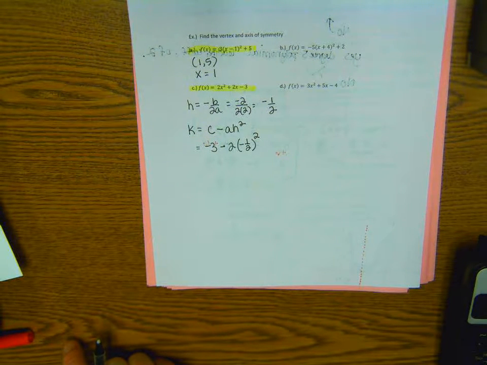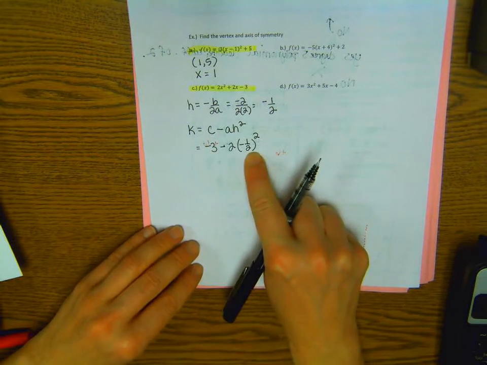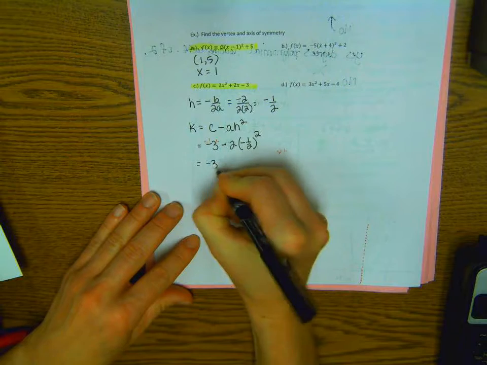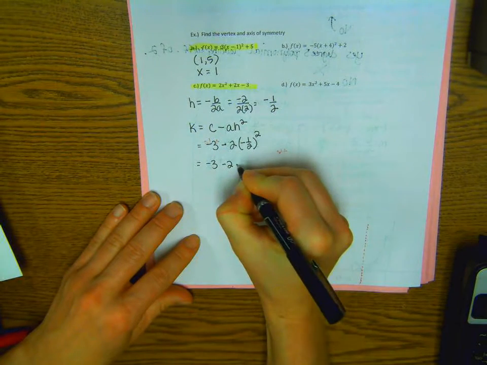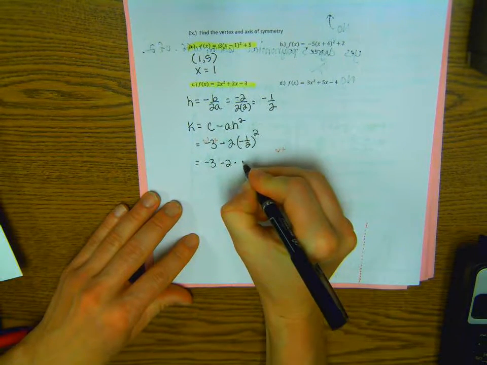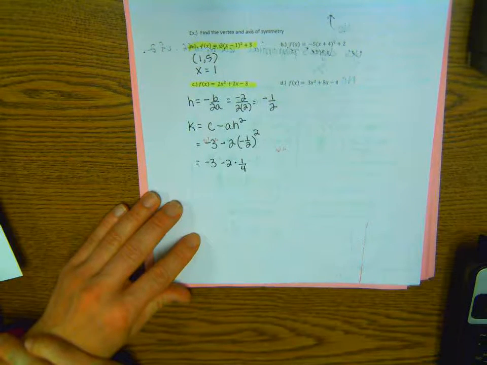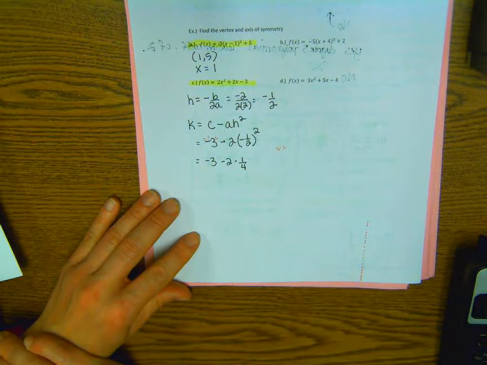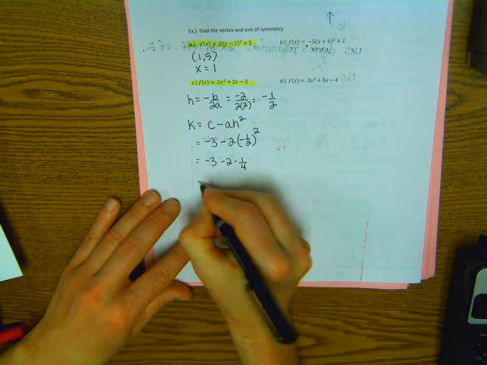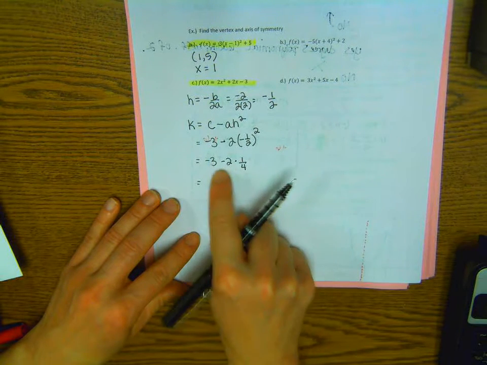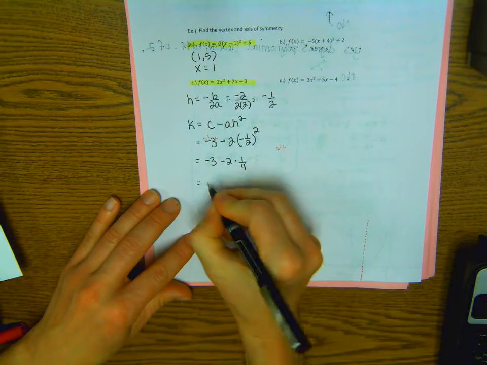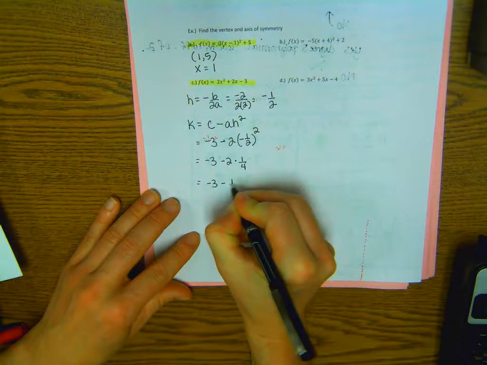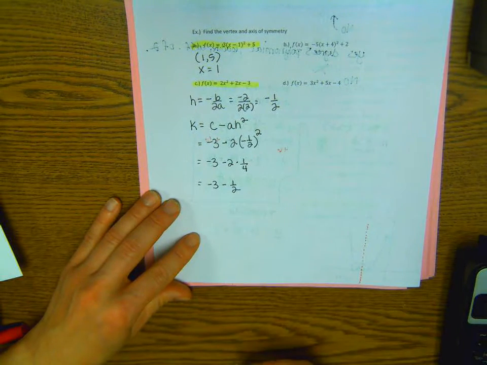Okie dokie. So let's square this first. Negative 1/2 squared is 1/4, correct? This is minus 2 times 1/4, that's like minus 3 minus 1/2. Isn't that negative 3.5 then?